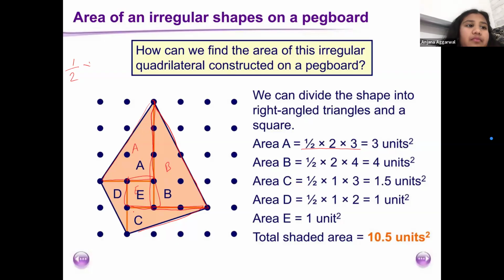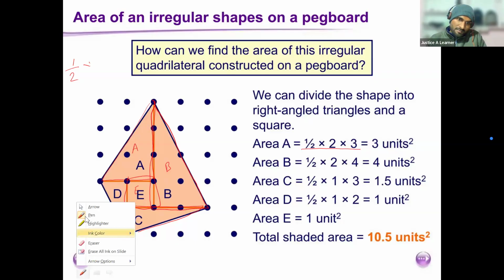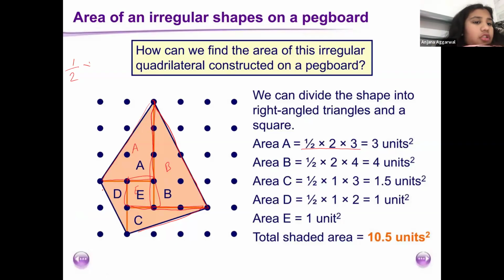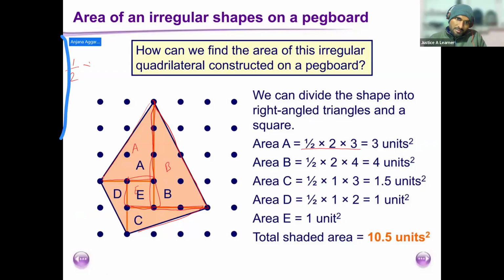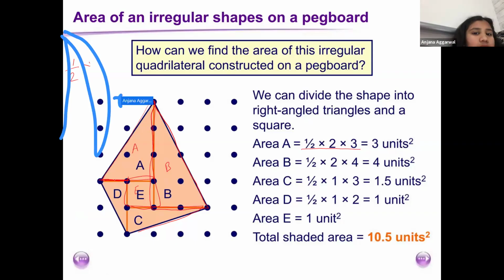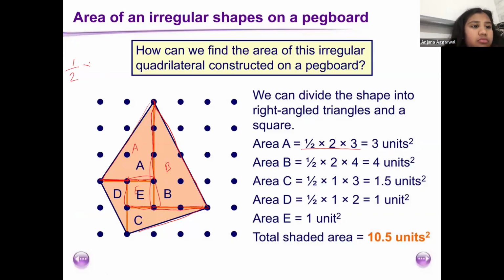Are you able to observe this? 2 unit, 1 unit, 1, and then 2. Can you change the color because it's kind of blurry and I can't see it? Okay.